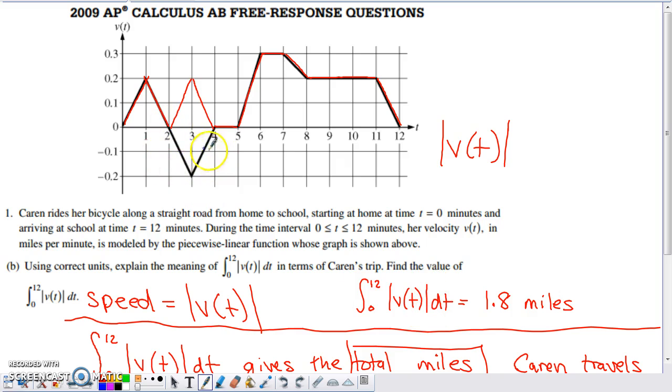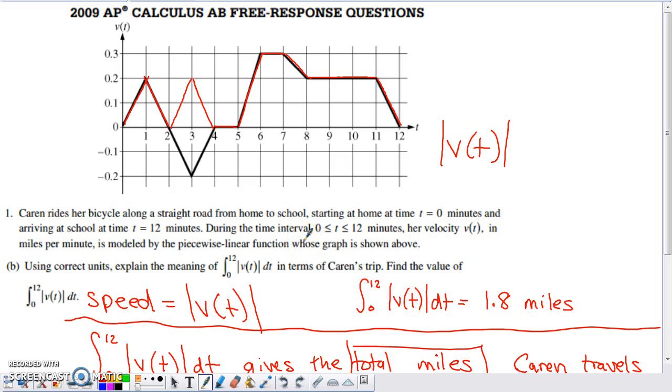they all are going to get reflected across the t-axis up into the first quadrant in this case. And what that means is that all of the area that would be accumulated by this function, absolute value of v of t, between it and the t-axis is going to be above the t-axis. So this is really like a total area calculation on a velocity curve.